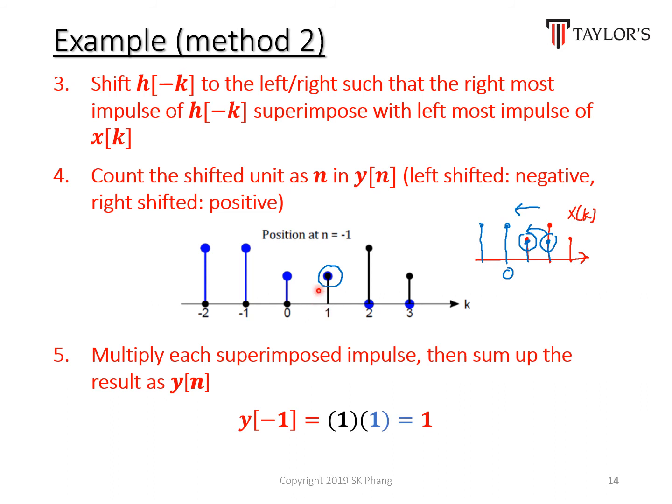The first calculation is to multiply the superimposed magnitudes, and then you sum up the result as your y. So in this case, there's only one superimposed, and both magnitudes are 1. So you end up with 1 multiplied by 1. This 1 comes from the xk, this 1 comes from the h minus k, and your result is 1.